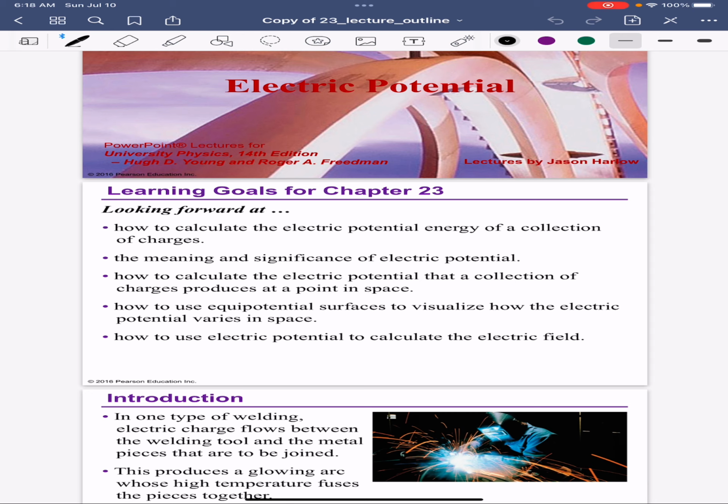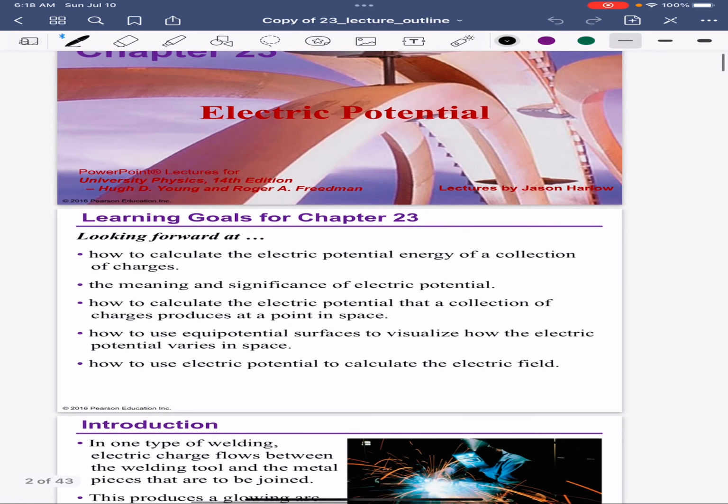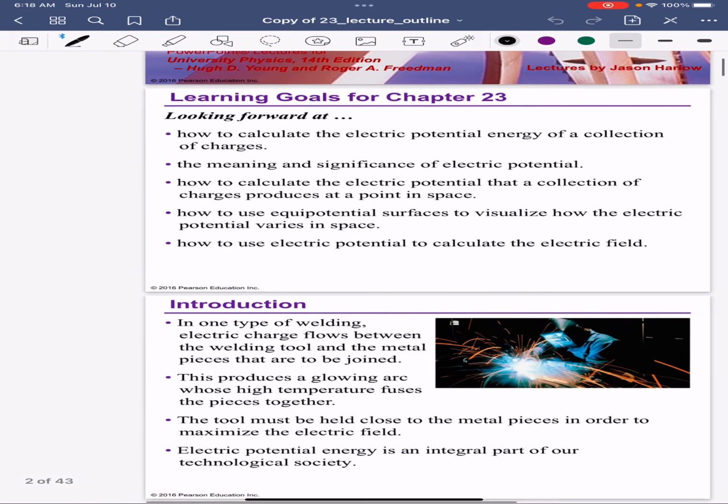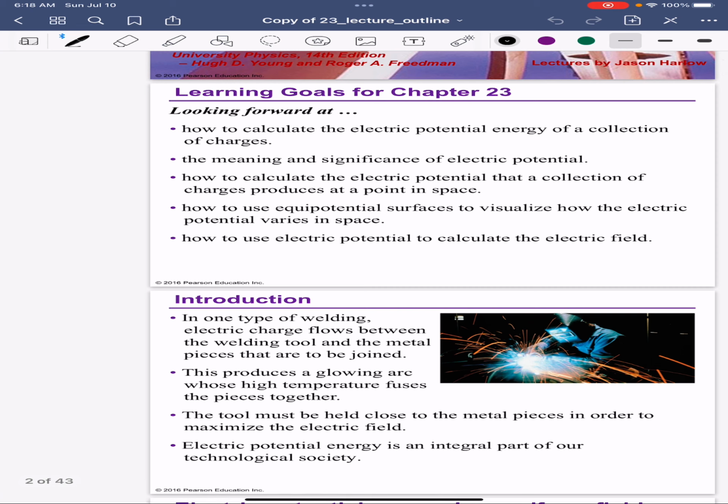We're also going to understand how to use equipotential surfaces to visualize how the electric potential varies in space and their relation to electric field lines. And how to use electric potential to calculate the electric field, and the relation, of course, between the two.